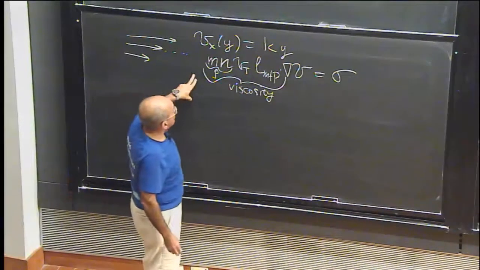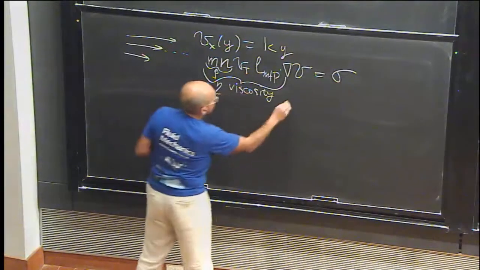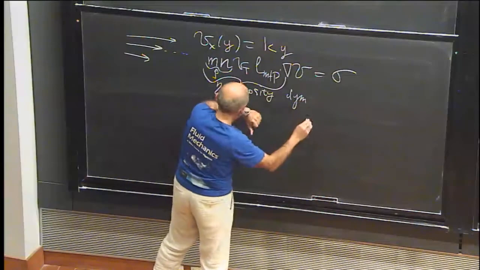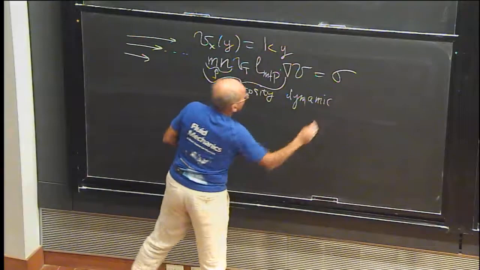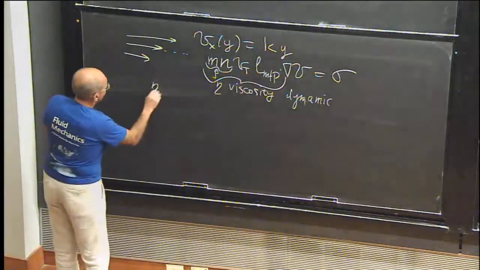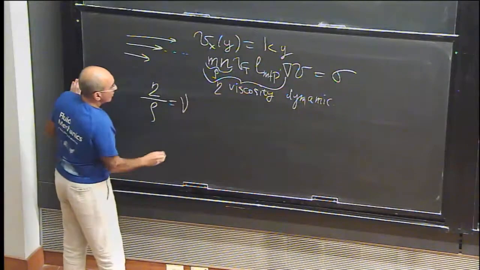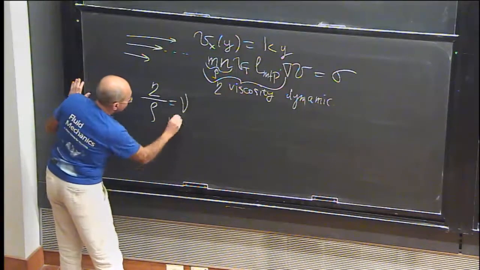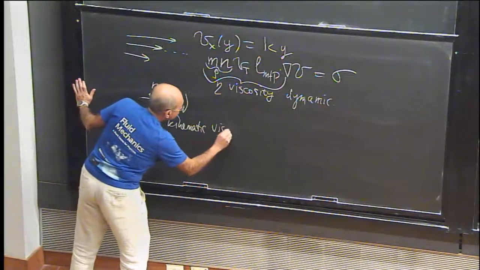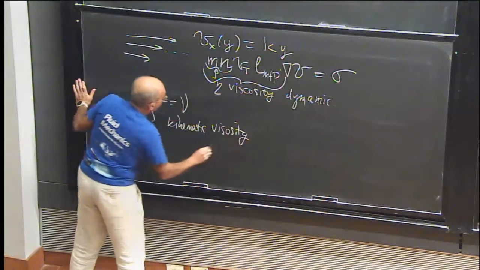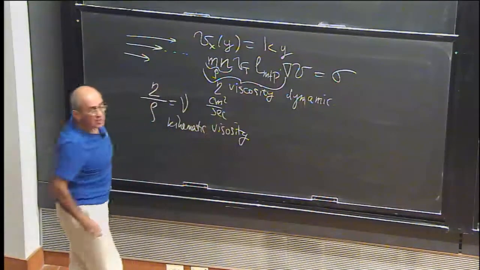This is called eta, the dynamic viscosity. And we most often will be working with eta over rho, which is nu, called the kinematic viscosity. It has dimensionality centimeter squared per second. It's just a diffusivity.